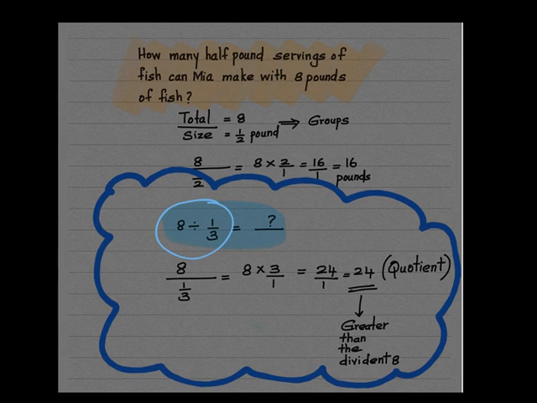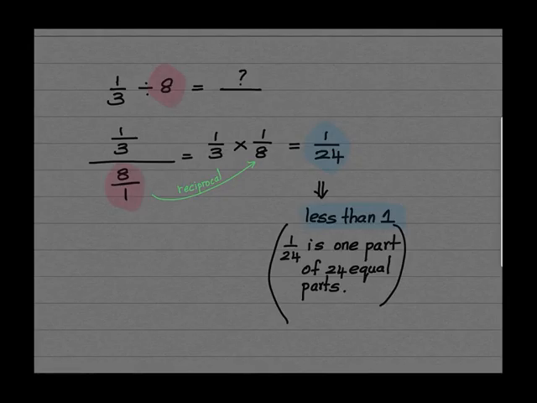When a whole number is divided by a fraction, then it's going to be greater than the dividend. So if you see here, the fraction is divided by a whole number. Okay? A fraction is divided by a whole number.